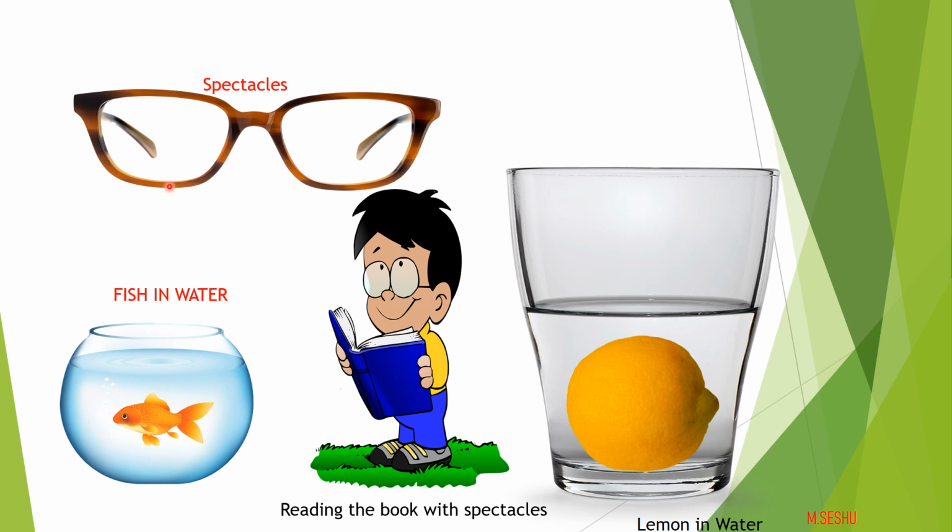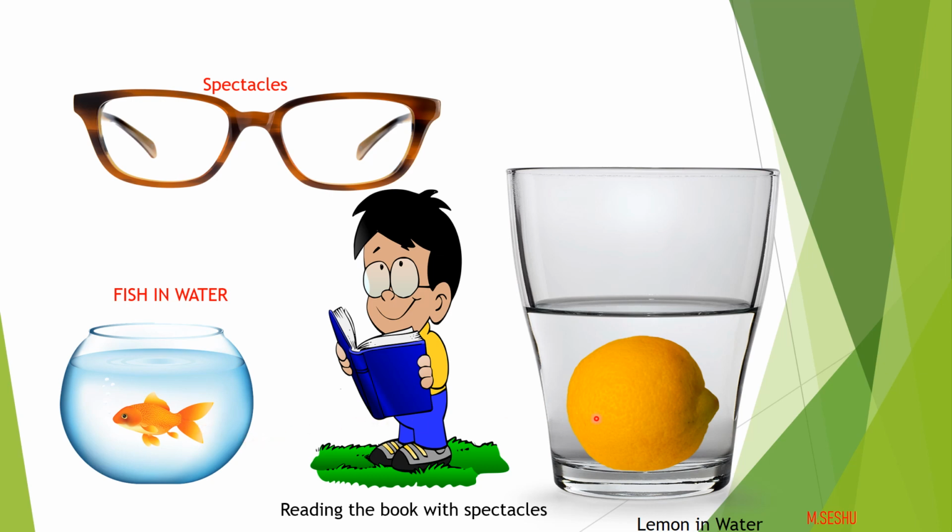or the magnifying glasses, you will find that the letters are slightly raised and slightly bigger than their size. At the same time, if you observe the fish inside the water, it appears slightly bigger and raised.